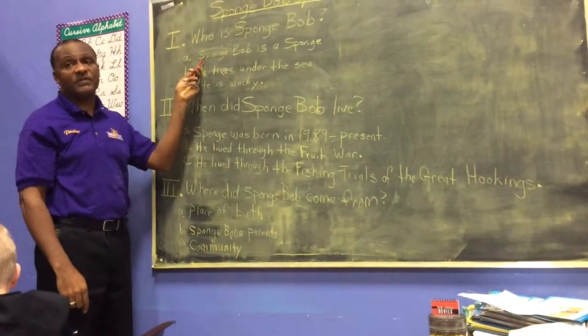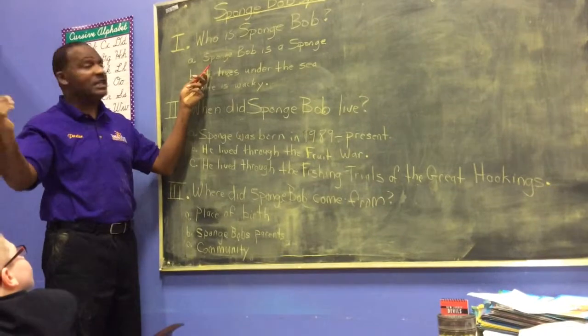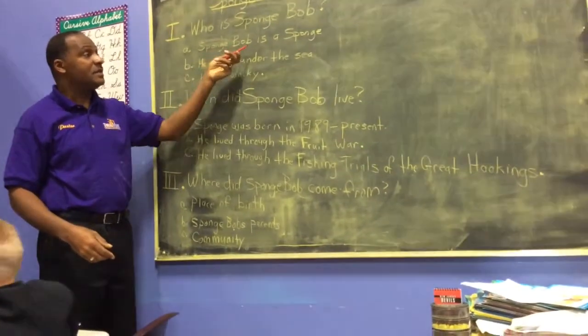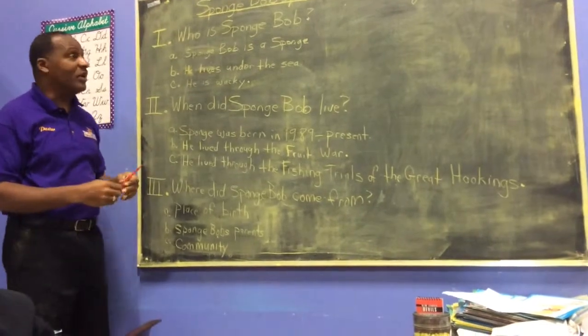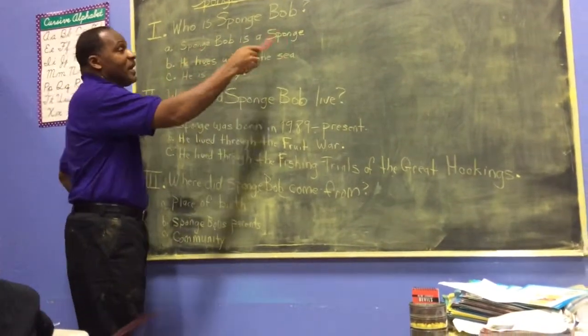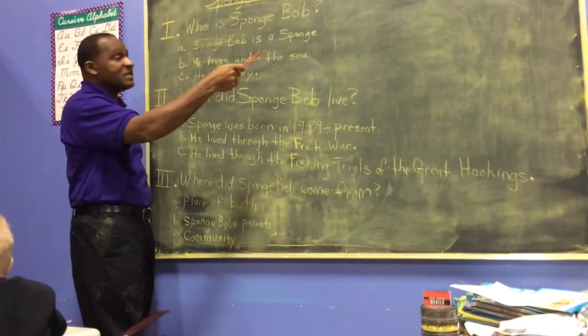Who can tell me? What is the first thing that we wrote down? Go ahead, Lanaya. SpongeBob is a sponge. So I'm going to write in SpongeBob is a sponge, and I'm going to tell you a little bit more about what it means that he's a sponge.